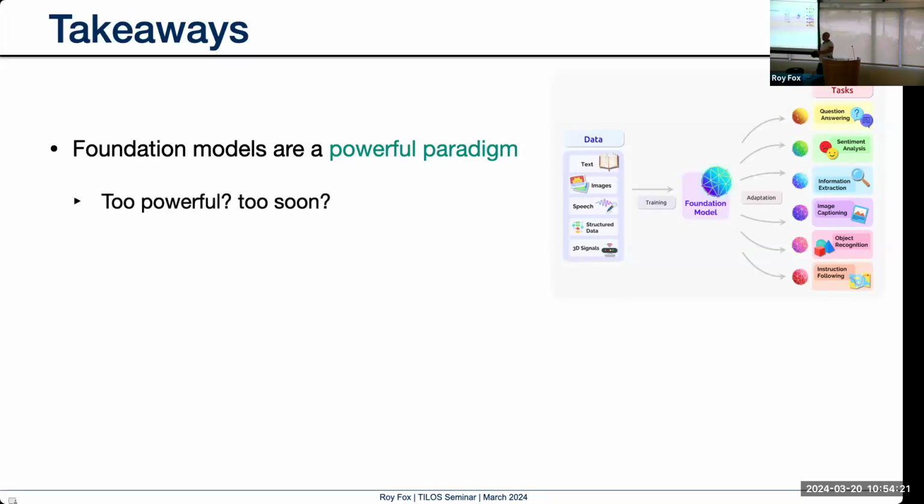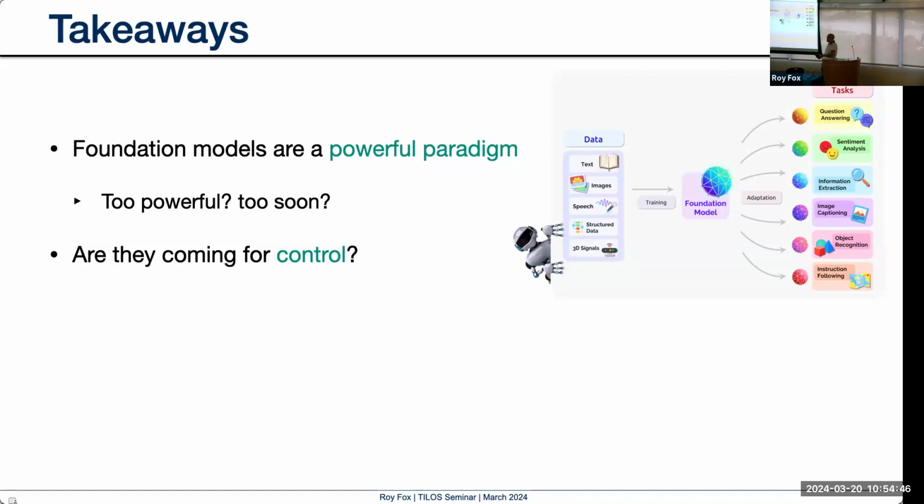All right, so to summarize, foundation models are really powerful. We know that. Maybe too powerful, maybe too soon. Not going to get into all those societal questions. But we're going to look for them just the same, even for control. Hopefully, we have regulation in time to save us from the bad AGI. Are they coming from control?